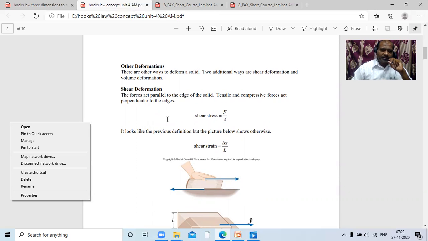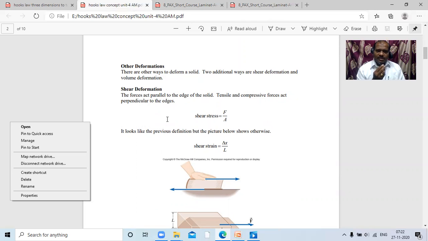In shear deformation, the forces act parallel to the edges of the solid, whereas tensile and compressive forces act perpendicular to the edges.